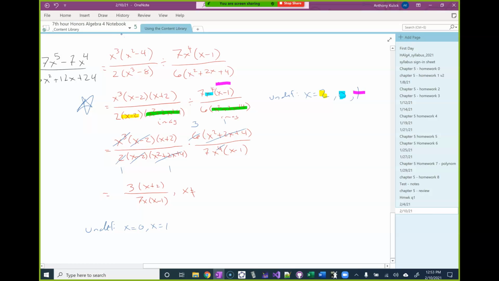Everybody's okay there? So if I compare these two, what is the thing that's different in this list than this list? Whatever's different is going to be our actual exclusion. In this case, it's just 2.